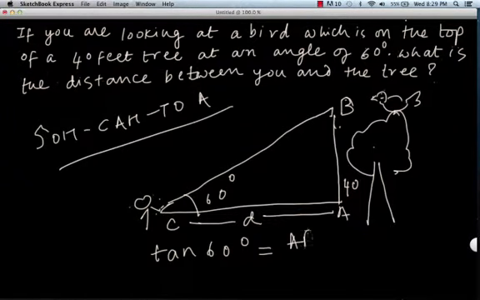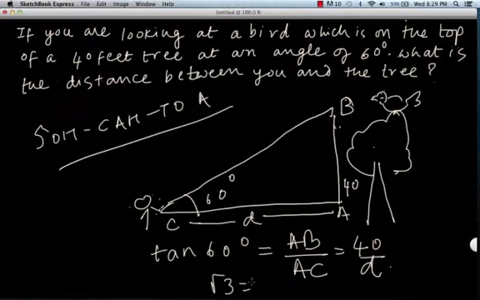Opposite is AB by adjacent is AC, which is equal to 40 by d. And we know from our table from the previous lessons that tan 60 is root 3. So root 3 is equal to 40 divided by d. So d is nothing but 40 by root 3 feet.